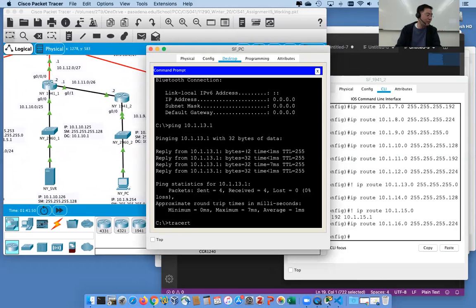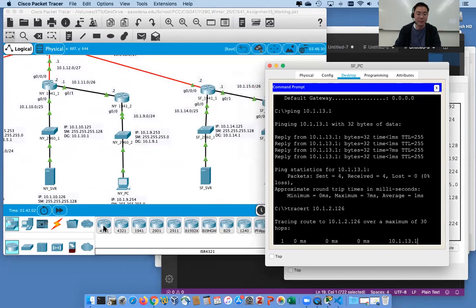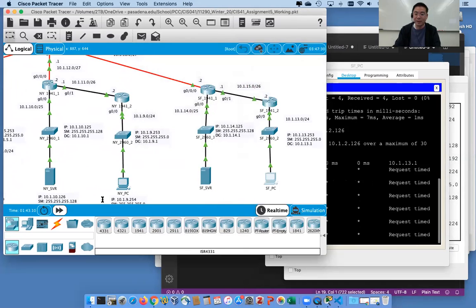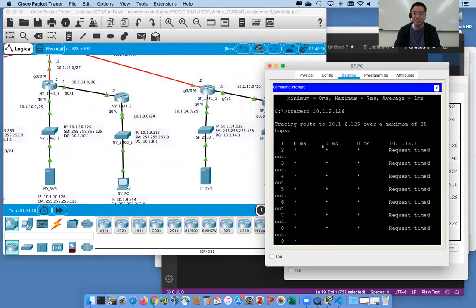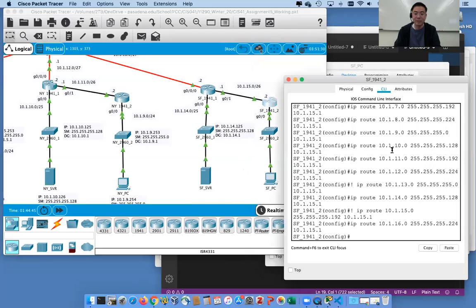Okay, so we trace route 10.1.2.126. Okay, and we can speed up time here. Okay, so this is dying here. Why?